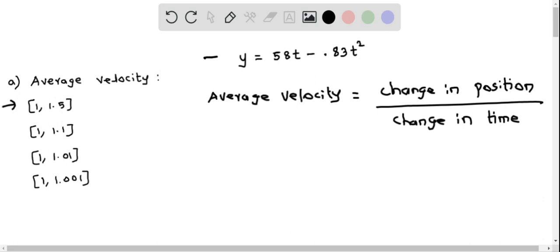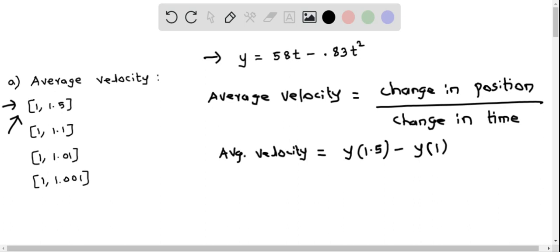So here we are given this position function or the height function. We can utilize this to determine the average velocity for this interval. So therefore, when we compute average velocity for this interval, we write down this average velocity equals y of 1.5, the height of the object when t equals 1.5, minus the y of 1, the height of the object when t equal to 1, divided by change in time, that is 1.5 minus 1.